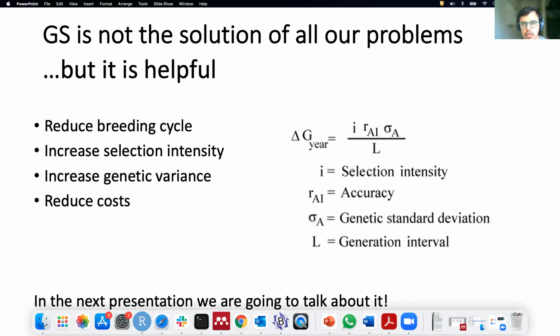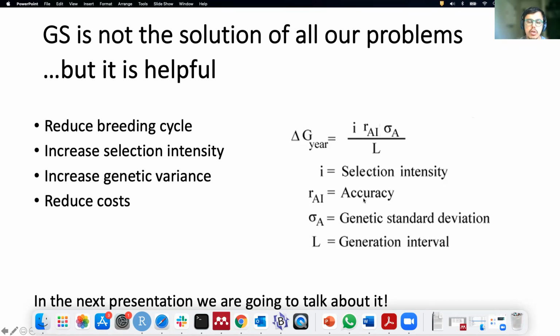With that strategy, you can increase the size of the population and with that the selection intensity, because you are only interested in selecting a small percentage of that population. So genomic selection could be useful to increase the selection intensity.